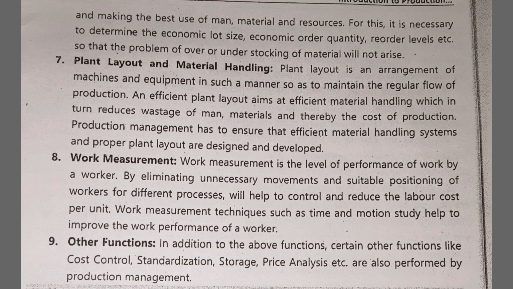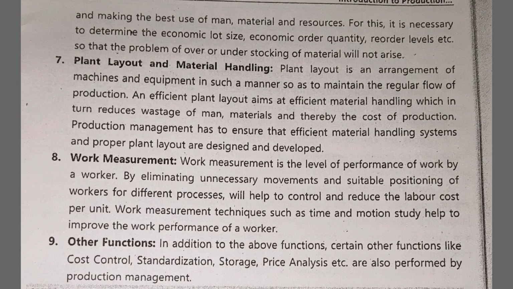For this, it is necessary to determine the economic lot size, economic order quantity, reorder level, etc., so that the problem of over or understocking of material will not arise.